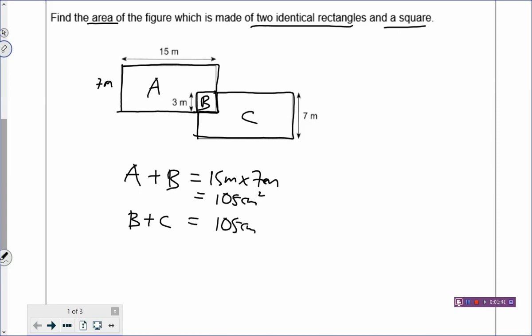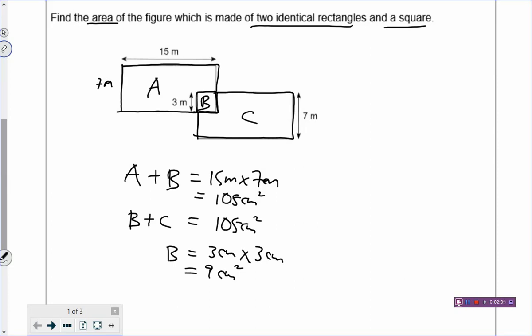There's no need for me to write down 15 times 7 again, because the two rectangles are identical. Then how do I find B? What's the area of B, which is a square? B will be length times length, that's the formula to find the area of a square. So 3 times 3 and you will get 9 cm square.